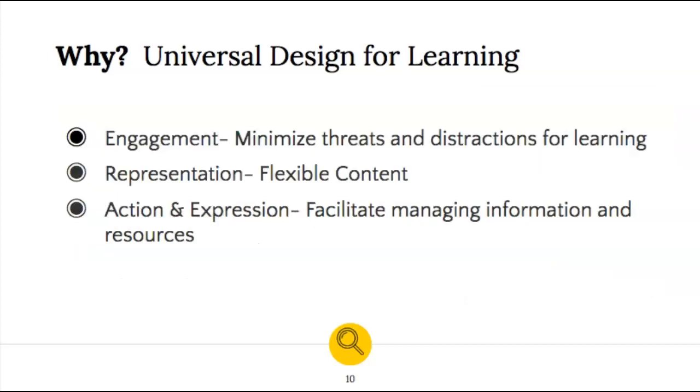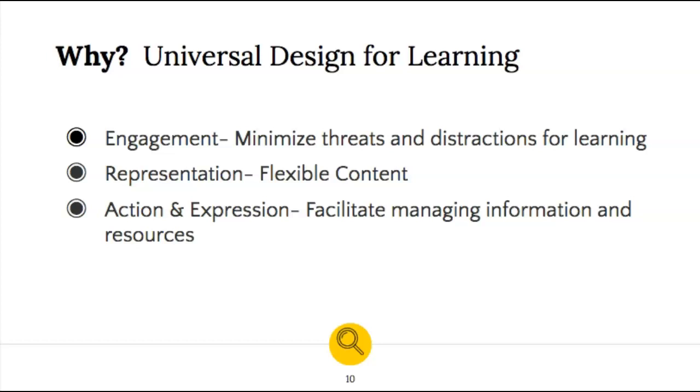So when we're looking at universal design and actually visual design, we want to minimize threats and distractions. So confusing content, too many colors, too many fonts, all that extraneous load, poor organization of our content, that can increase anxiety for our learners, and it can increase distractions for learning. By paying attention to multiple means of representation, we're giving them some flexible content, preferably well-designed, meaningful, flexible content that reinforces the learning.